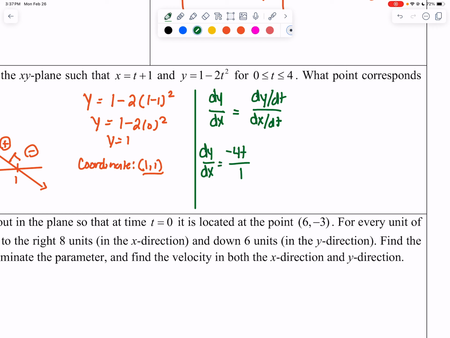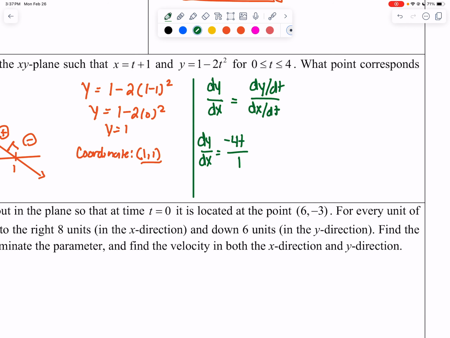All right, so we want to make sure that this derivative is 0. So in that case, this derivative is 0 when t is 0. That doesn't give me a lot of information. t is just 0. Well, what I can do now is just plug this back into my coordinate and see what that gives me.